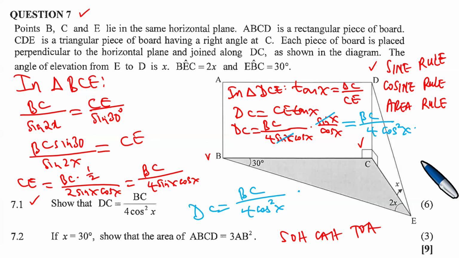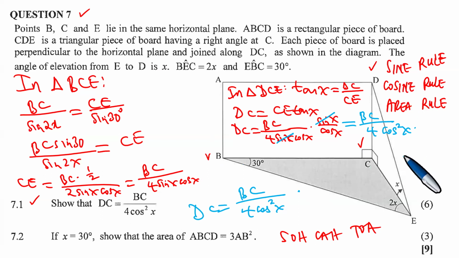Now, 7.2, show that the area of ABCD is 3AB squared. So the area of ABCD. What is ABCD?